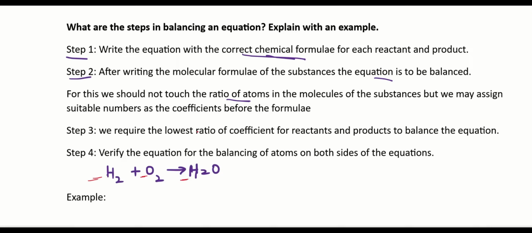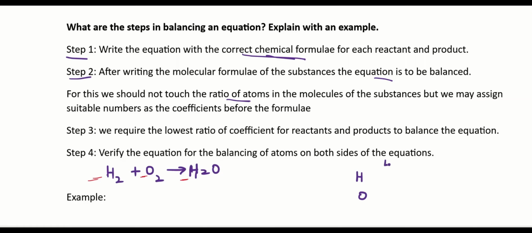Now we have to start. We require step number 3, we require the lowest ratio of coefficient for reactants and products to balance the equation, right? So for this, as earlier I explained, first we are going to list down the elements that are present in a chemical equation. Here only 2 elements are present, hydrogen and oxygen.